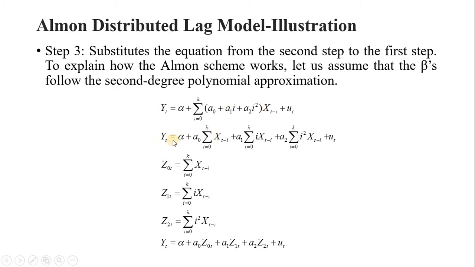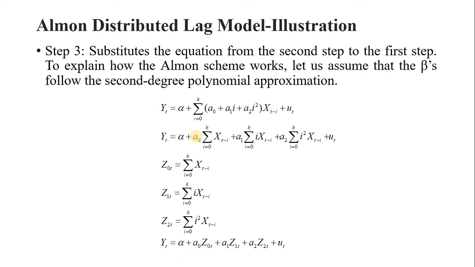So yt is equal to alpha plus a0 sigma xt minus i. a0 is a constant, this is the summation notation, this is the variable. The constant a0 comes first, so a0 sigma xt minus i plus a1 sigma i xt minus i, because i is not constant, i is a variable, so i into xt minus i, plus a2 into i square xt minus i plus u.